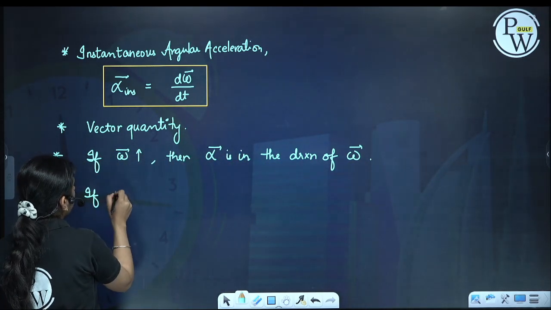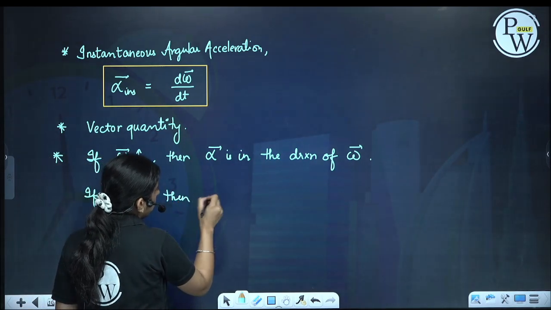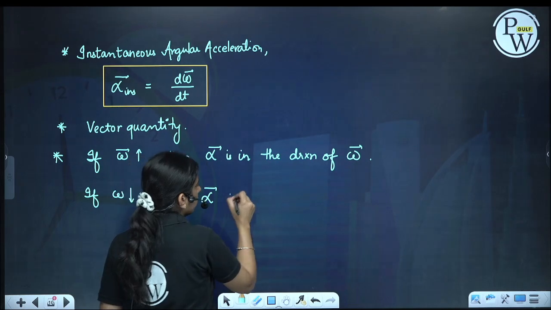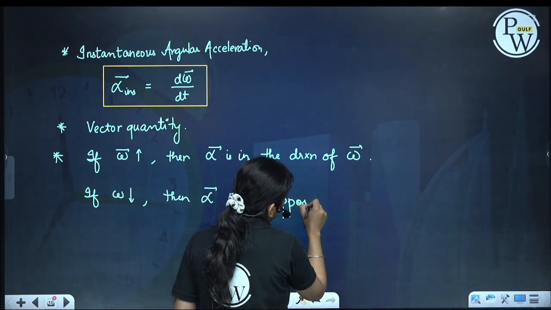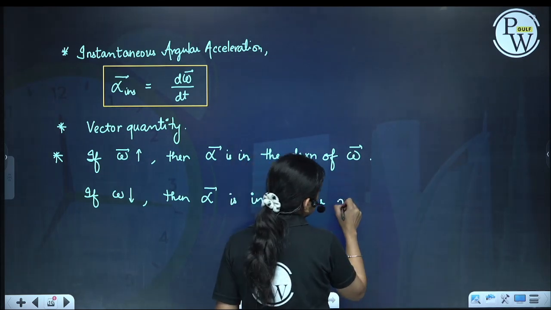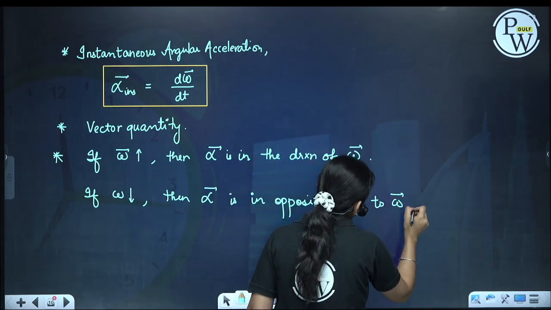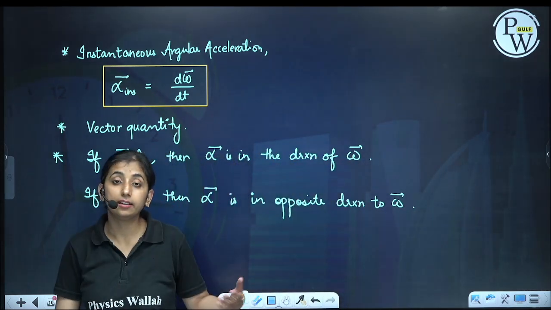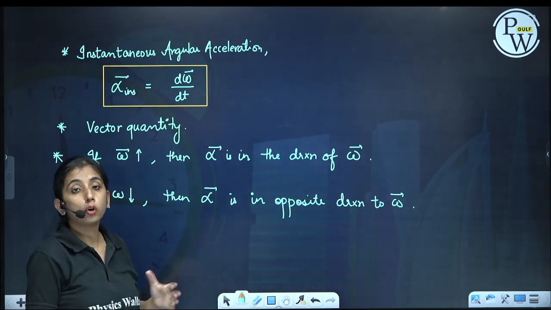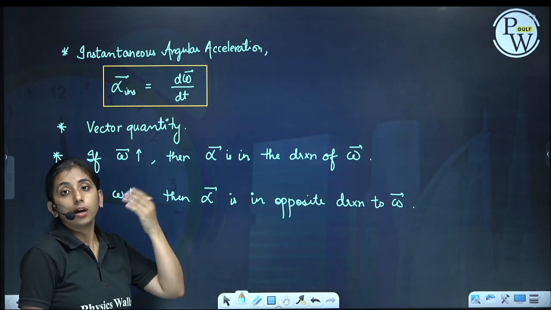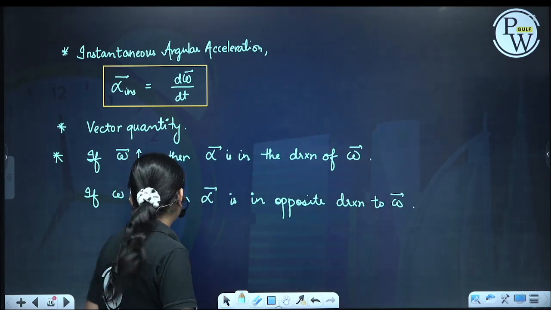And if omega decreases, then alpha is in the opposite direction to omega. If angular velocity increases, the directions of alpha and omega are the same, and if angular velocity decreases, then alpha will be opposite to the direction of angular velocity.